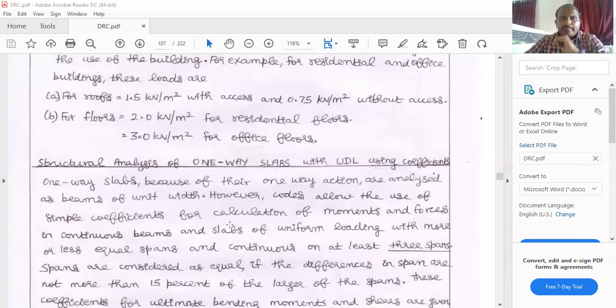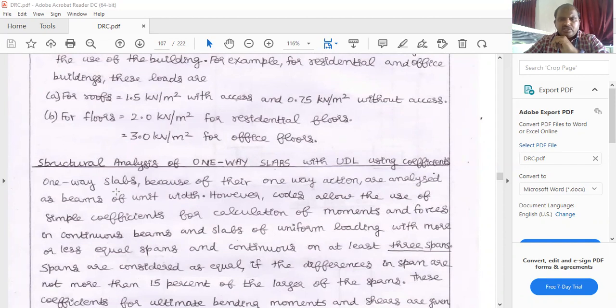Next is structural analysis of one-way slab with a UDL using coefficients. One-way slabs, because of their one-way action, are analyzed as beams of unit width.